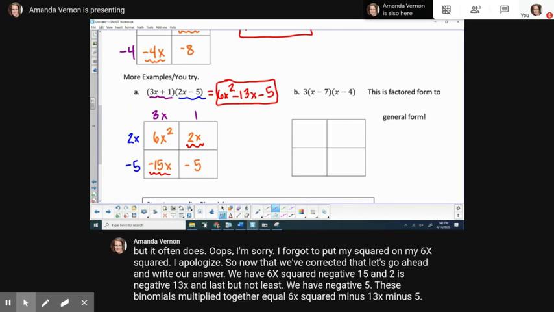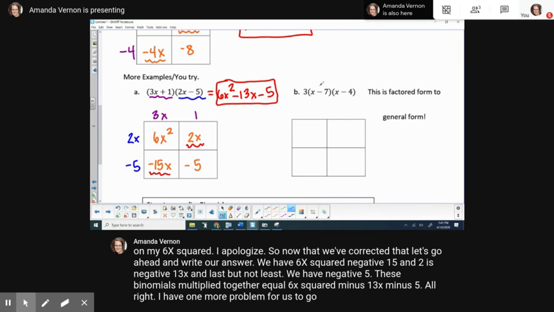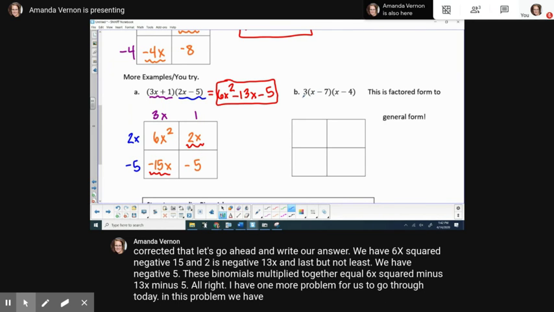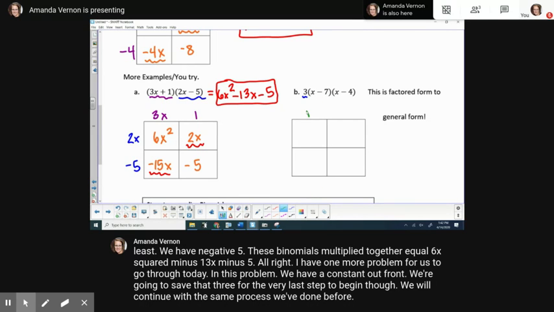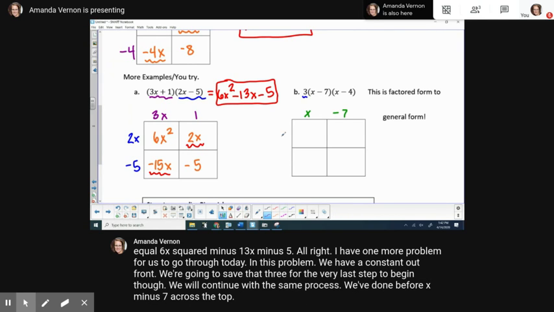All right, I have one more problem for us to go through today. In this problem, we have a constant out front. We're going to save that 3 for the very last step. To begin, though, we will continue with the same process we've done before. X minus 7 across the top. X minus 4 on the side.